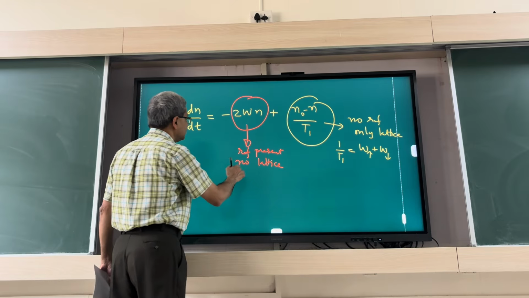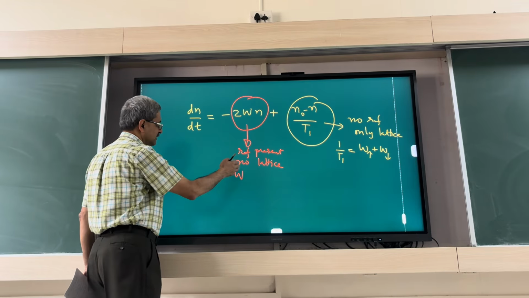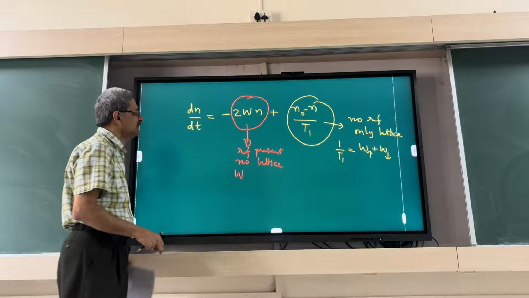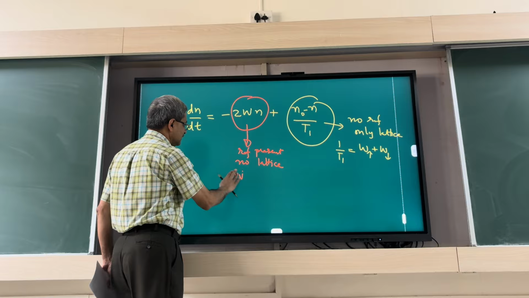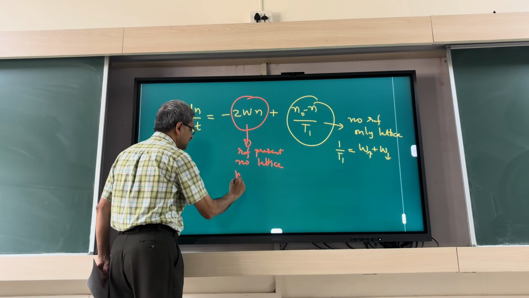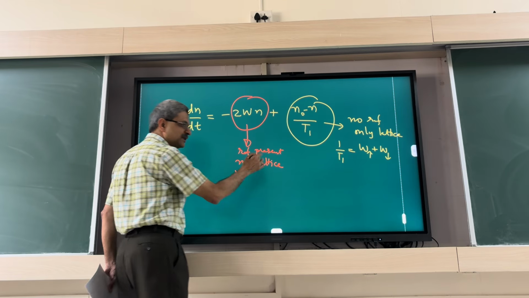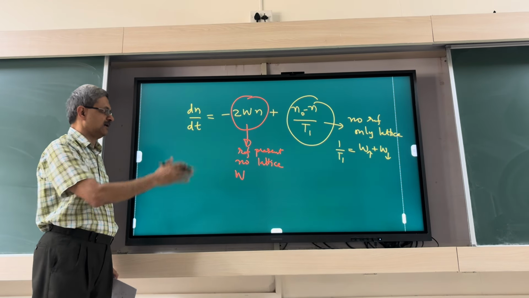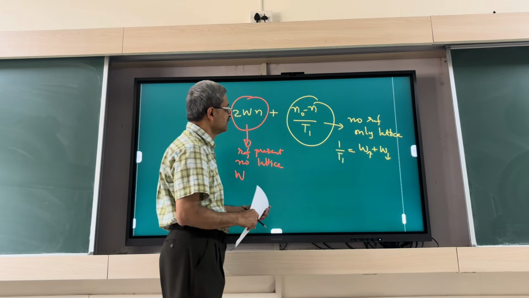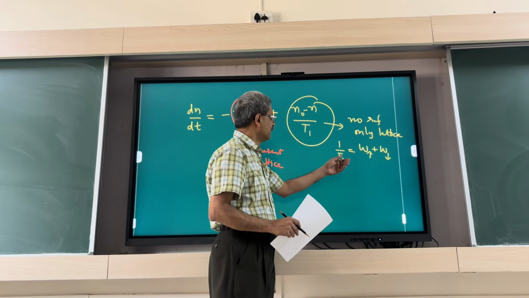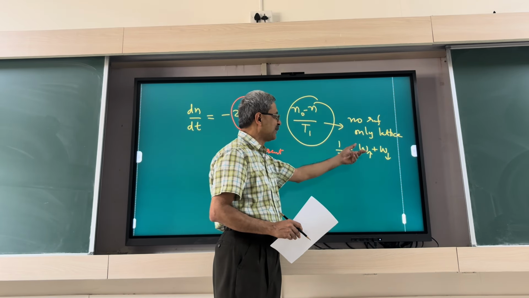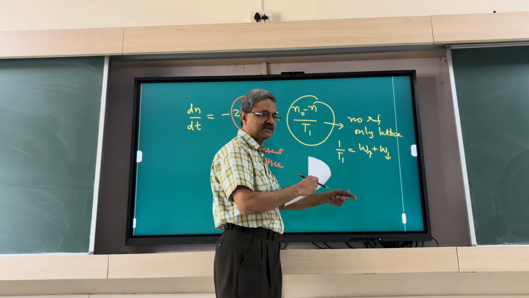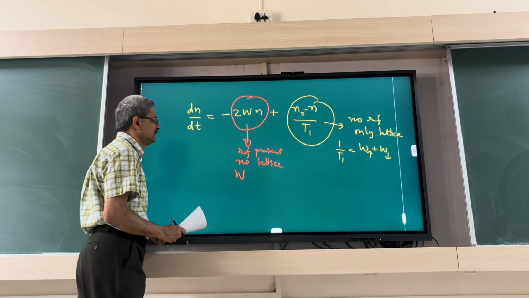So this is just the transition probability, written as some W. The W represents the transition probability because of the applied RF field. This 1 over T1 represents the transition probability because of the spin-lattice coupling.